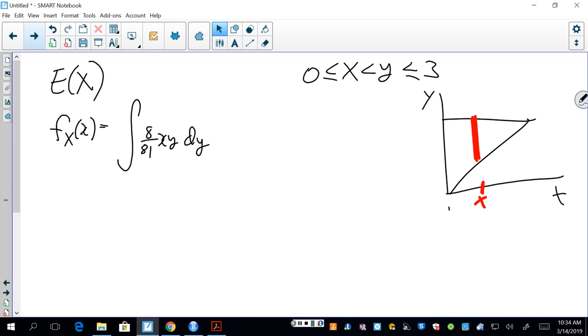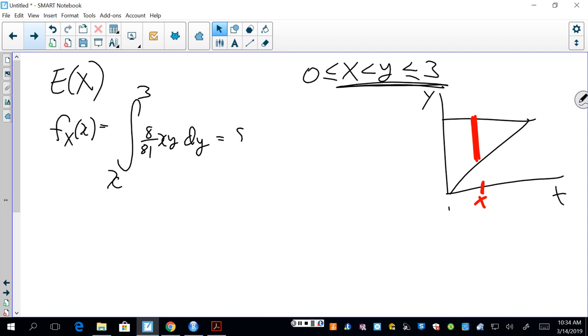For a given value of x, y can go from x up to 3, right? For a given value of x, y can go between x and 3. So because of this strange triangle geometry, we have to integrate in that particular case to make it work out.